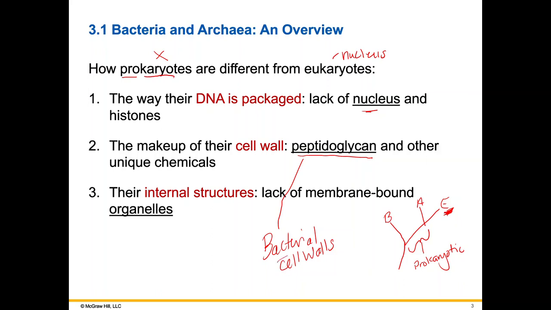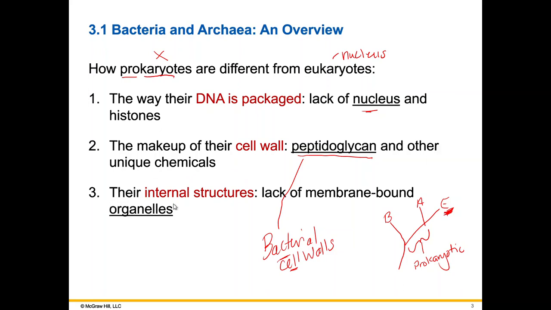But bacteria specifically have peptidoglycan in their cell walls, and that's extremely important, and you'll see why soon. We're going to talk about gram staining at some point in the class, and it's reliant on the fact that it has that peptidoglycan-filled cell wall. There are other unique chemicals that bacterial cell walls consist of, and we'll get to more details on that later. But for now, peptidoglycan is very important.